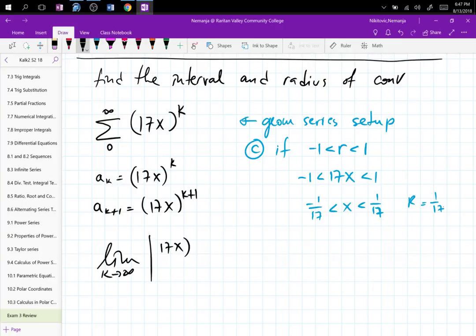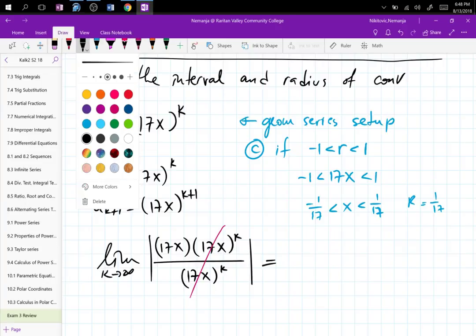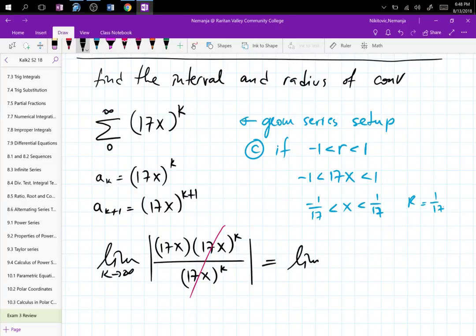We have 17x times 17x to the k, divided by 17x to the k, which is the ak. Now these two will drop, and we are dealing with the limit of absolute value of 17x. That is equal to absolute value of 17x, and we set that equal to 1.